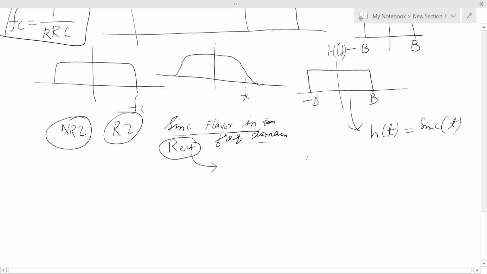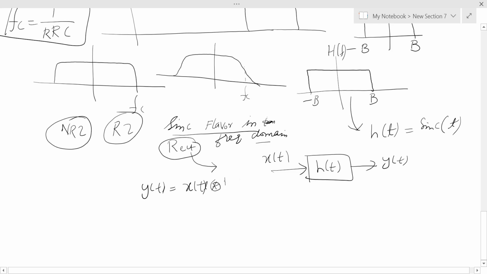Now what happens is that you have h of t and you have these waveforms, suppose x of t. What will be the output y of t? So y of t will be the convolution of the rectangular pulses with the sinc.